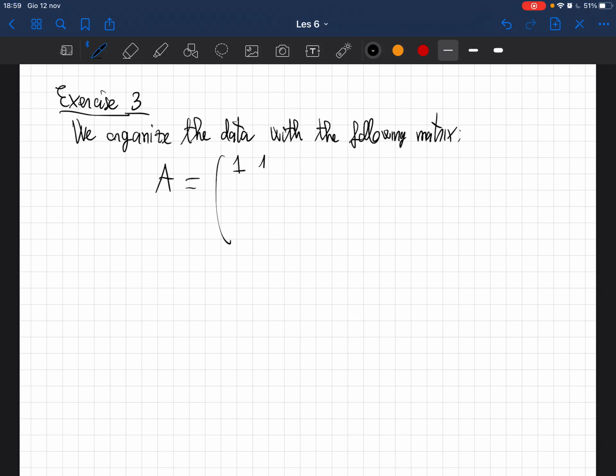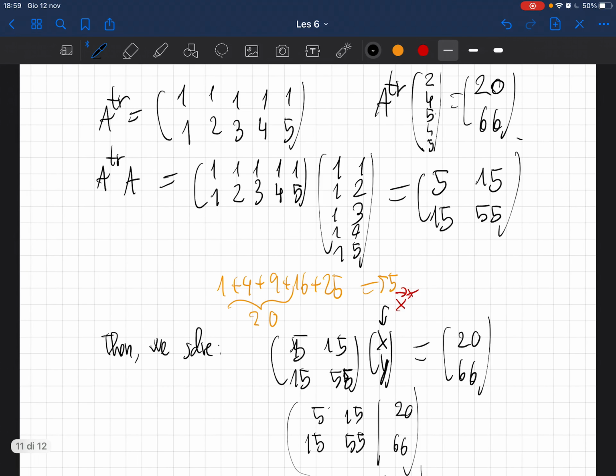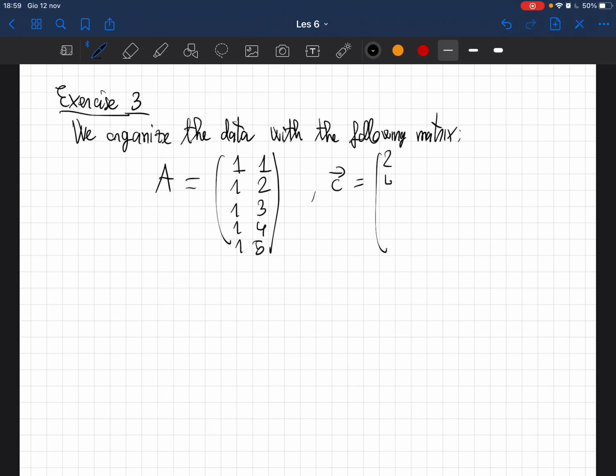Ooh, 1 1 1 2. Okay, 1 1. And C equal to 2 4 5 4 5.